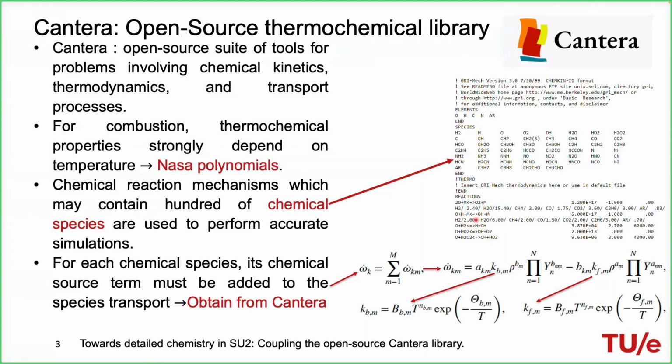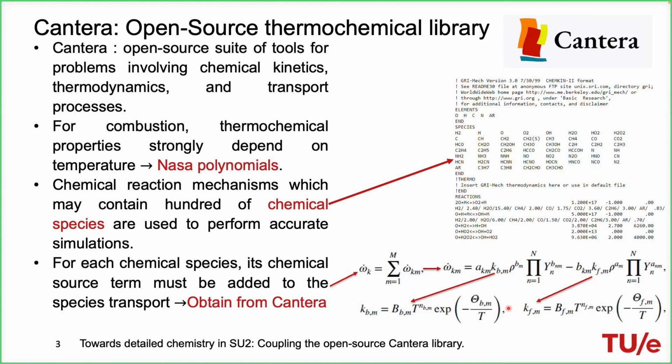So for each of these chemical species, we should add a source term in the species transport equations. The source term is the sum of the individual source terms that come out in the M reaction equations, and each source term is computed using this expression, and the rate constants, the k factor here, are usually modeled using the Arrhenius law.